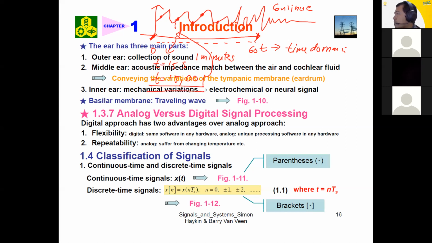This is the definition of continuous. And mathematically, usually, if the signal is x in domain t, we can write it like this, using small t in brackets.